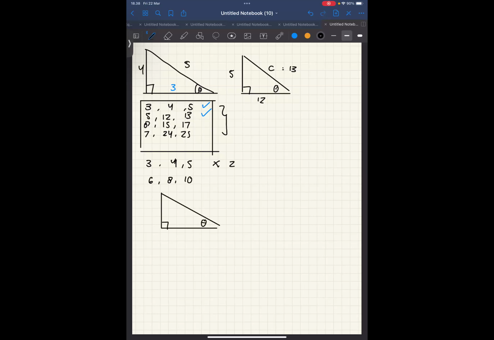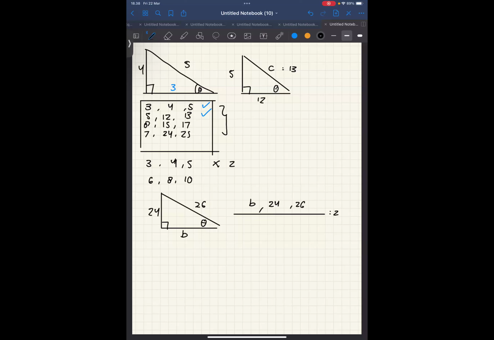Maybe if I have a triangle with a hypotenuse of 26, then there is maybe 24 here. What is the B? As we can see, the hypotenuse, or the biggest number, is 26. The other one is 24. And we are searching for the B. Maybe we can divide it by 2.